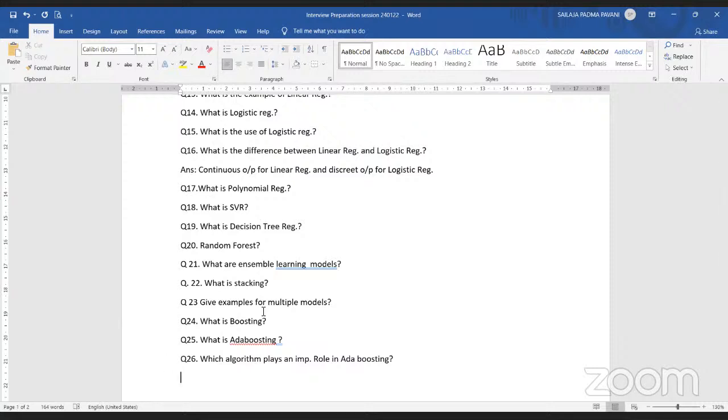No, I'm asking in the process of ADA boosting, which classification plays an important role?